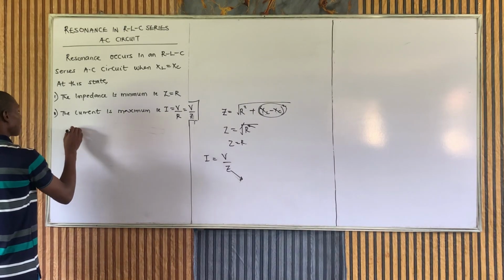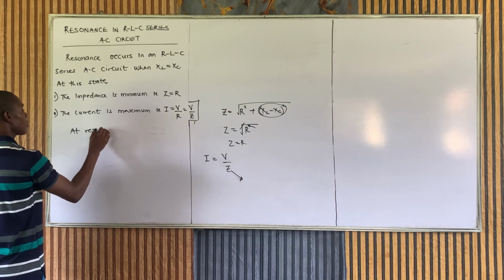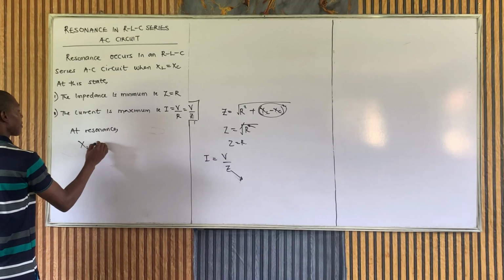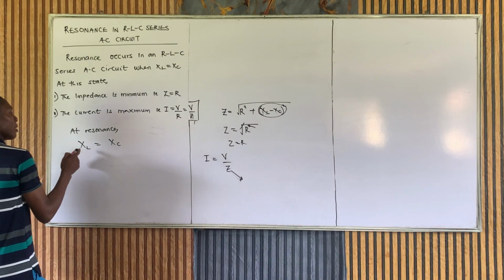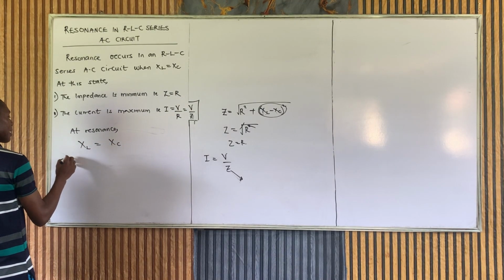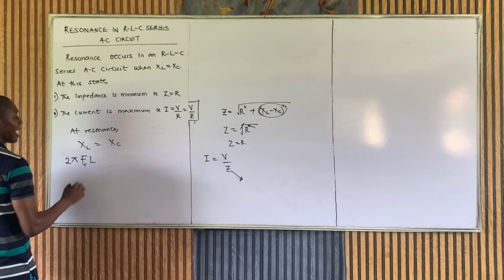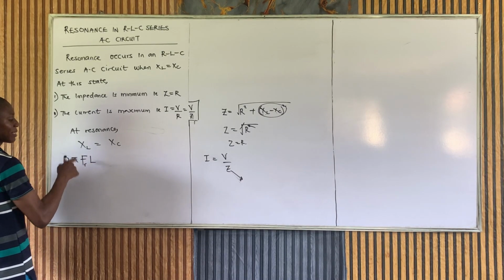We know that at resonance, XL is equal to XC. Therefore, we know that XL is 2 pi FL, and I'll call it FR, because this frequency is the frequency at resonance.